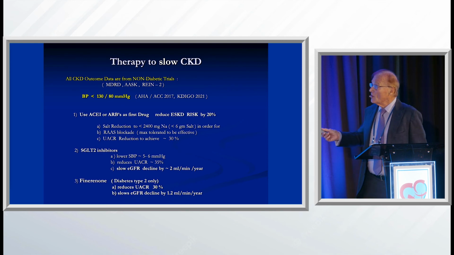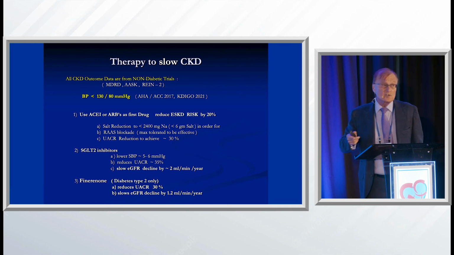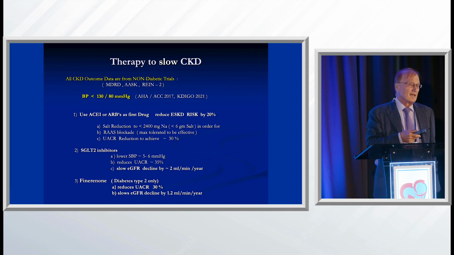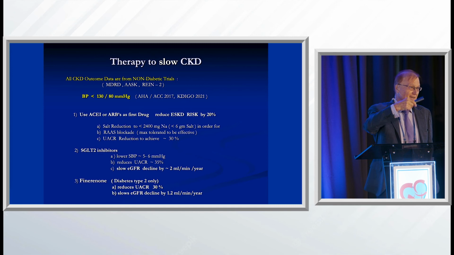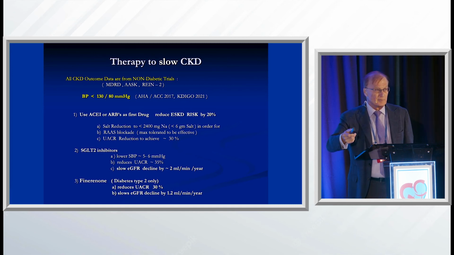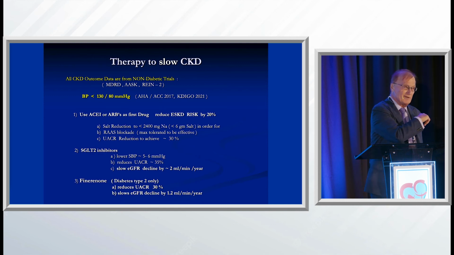So right now, the SGLT2 inhibitors are indicated in nephrology for anybody with albuminuria with normal eGFR, or anybody with eGFR below 60 with or without albuminuria. So bottom line is you have CKD.